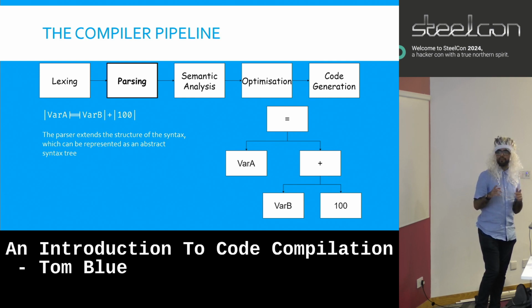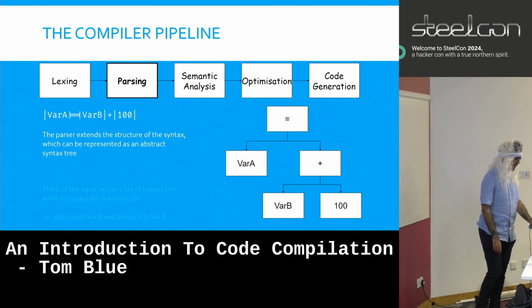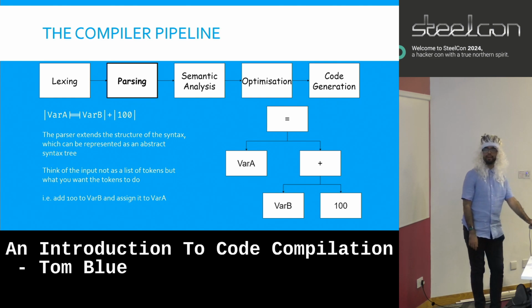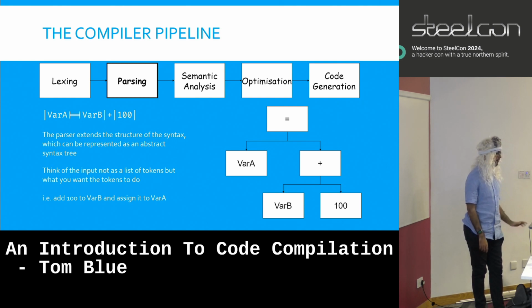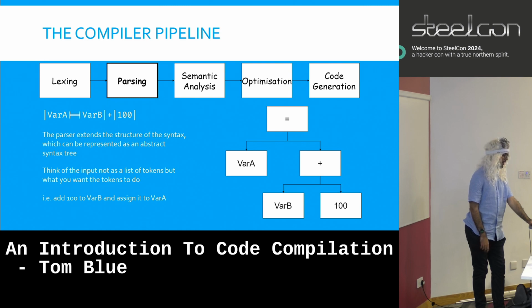So var b plus 100 is assigned to var a. It gives more meaning to the lexemes that are passed in. So the parser allows you to think of the input not as a list of tokens, but as what you want those tokens to do. And we'll go more into parsing later as well.